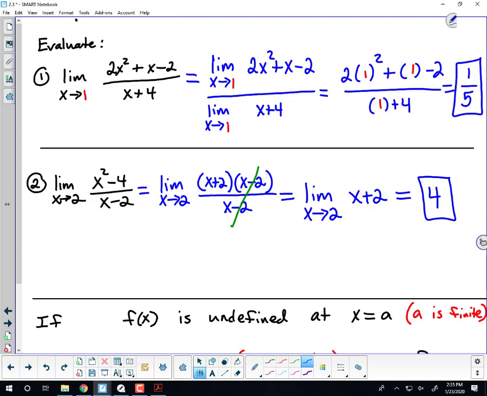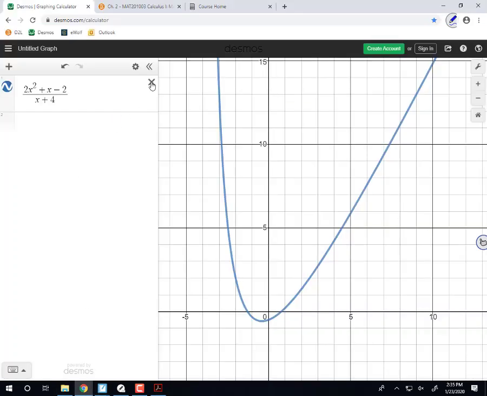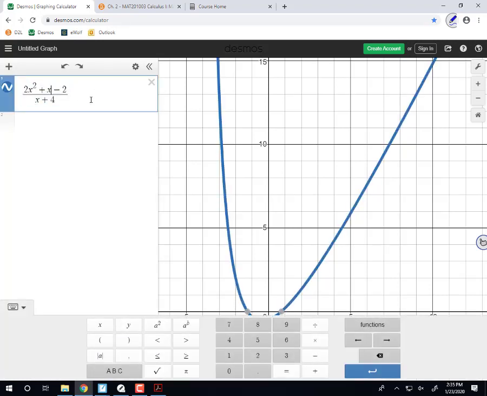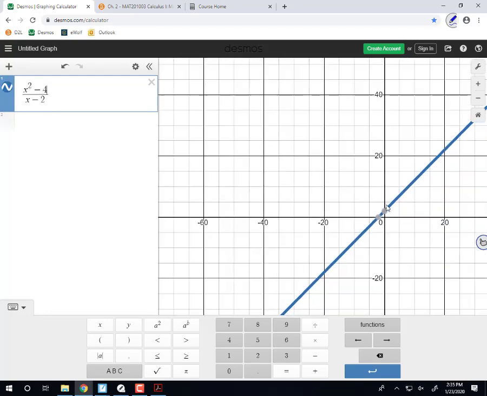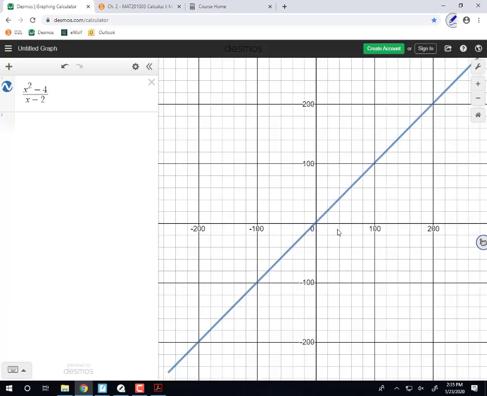Okay? So just to see that, let's graph x squared minus 4 over x minus 2. Doesn't that look like the line x plus 2?